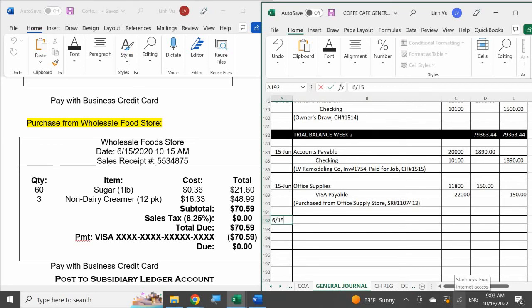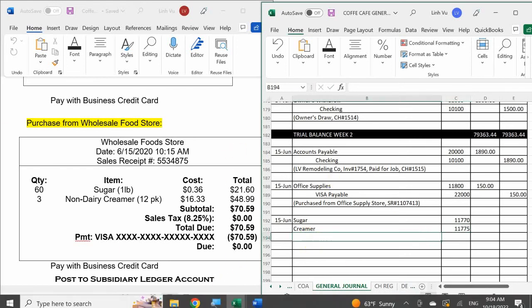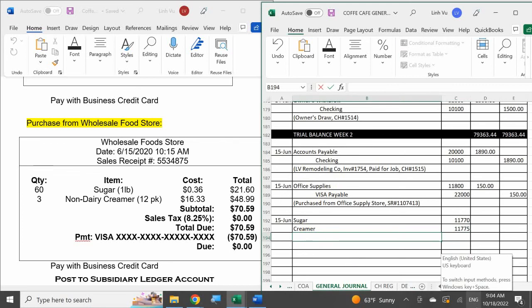And that would be 11770 and 11775. Okay. And how did I pay for it? With the Visa credit card, and that's going to be Visa payable. Good.